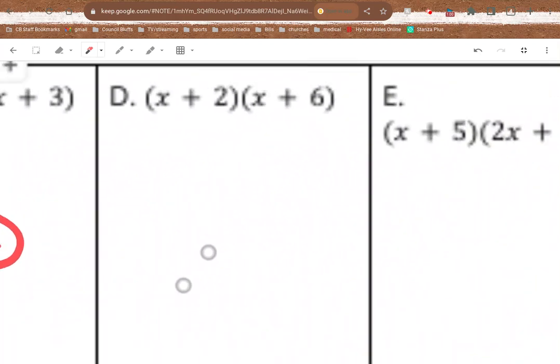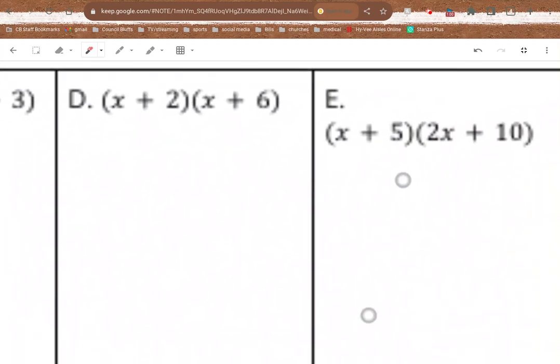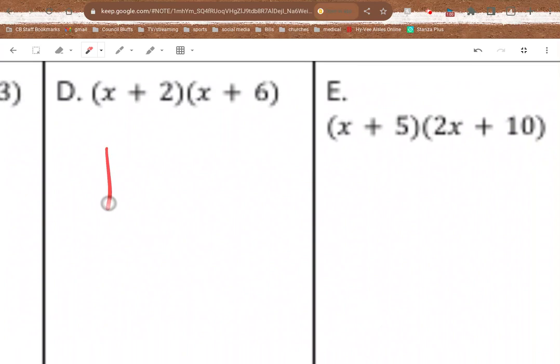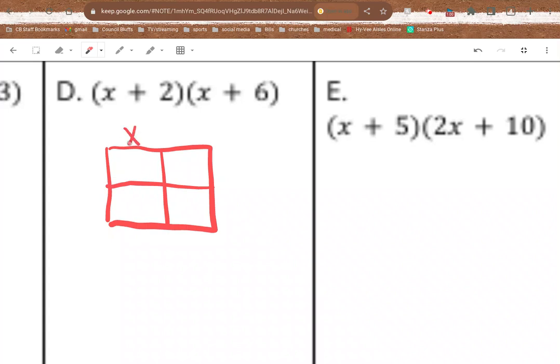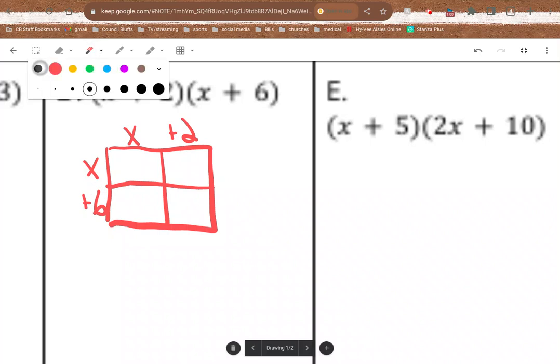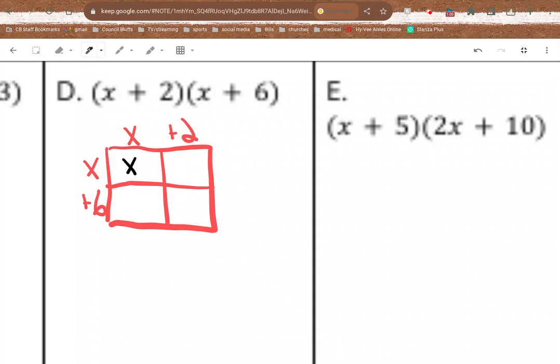Okay. D and E, we're going to do the same thing. So let's create, again, a 2 by 2 box. So this will be x plus 2, and then x plus 6. Okay. Let's multiply that out. So top left is x times x, which is x squared. Top right, this is 2 times x.